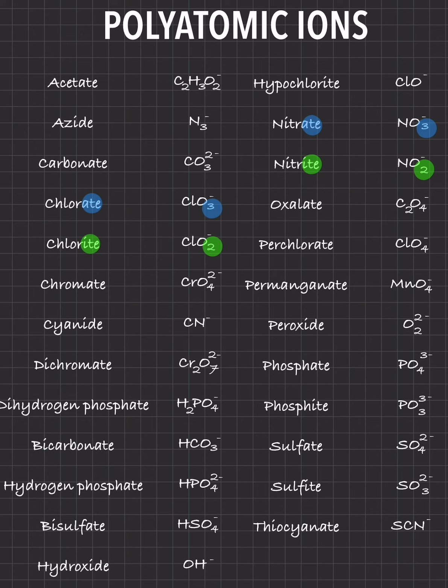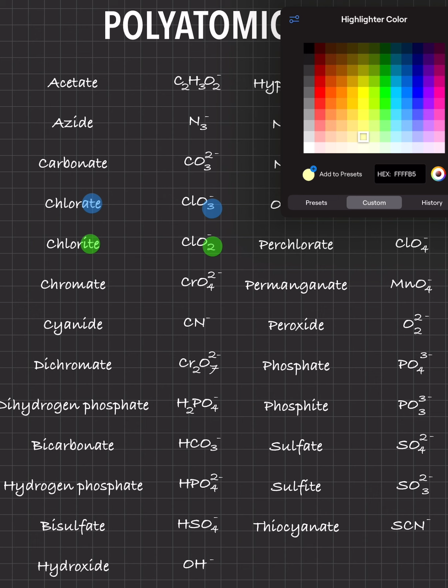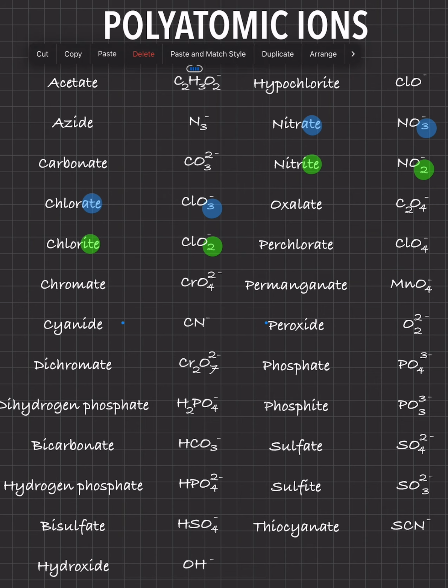So it makes sense that when you say hypo, that means it's going to be even less. Hypo means less, it's lower. And so it's going to be ClO minus. You only have 1, and you usually don't write the 1 in chemistry. That's why it's ClO minus. Just a connection for you to make there.